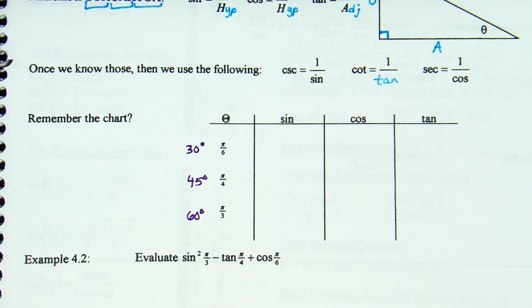So in a 45, 45, 90, the two sides are the same. So for those two legs or sides, we use ones, and then the hypotenuse is square root of 2. For the 30, 60, 90, the short leg, so opposite 30, is 1.